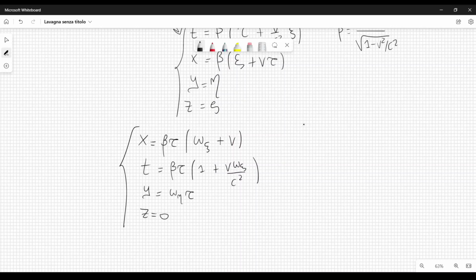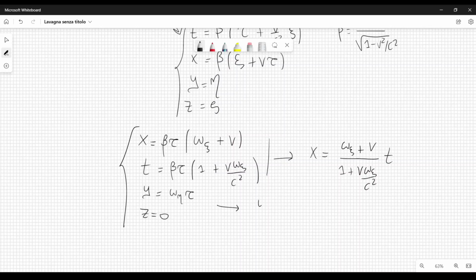Now from these first two equations, we get x equal to omega xi plus v divided by 1 plus v omega xi over c squared, times t.